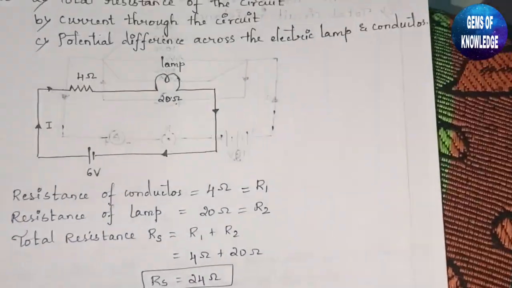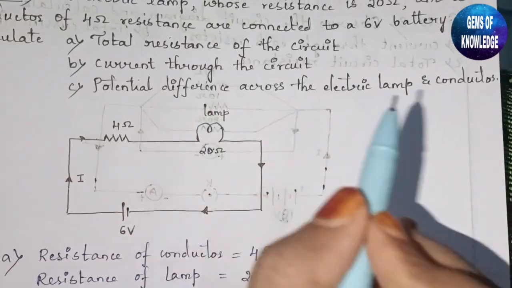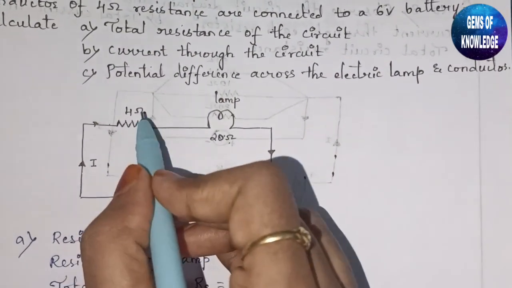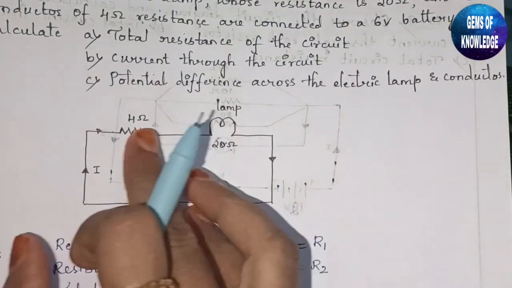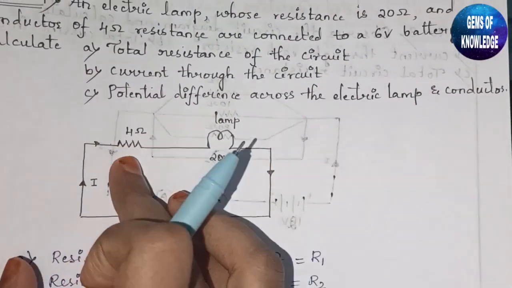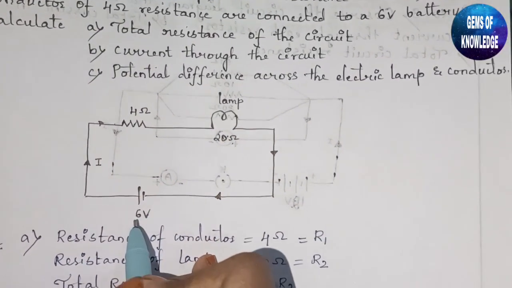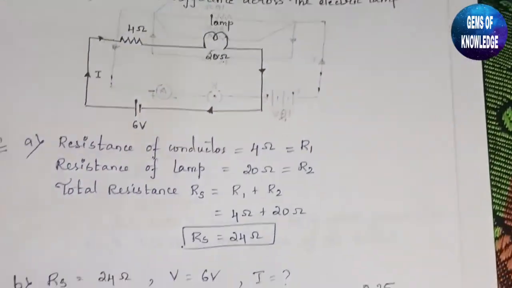Okay. Next, the third one: potential difference across the lamp and conductor. They are asking us separately what is the potential difference of the lamp and conductor. Together it is 6 volts. Whatever potential difference is applied across this particular circuit is together 6 volts. We have to calculate it separately for the conductor and separately for the lamp.